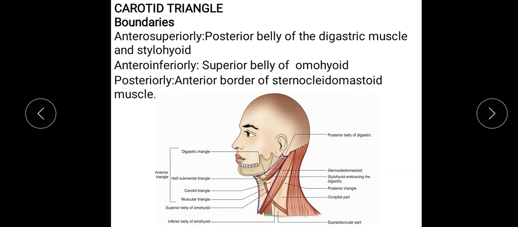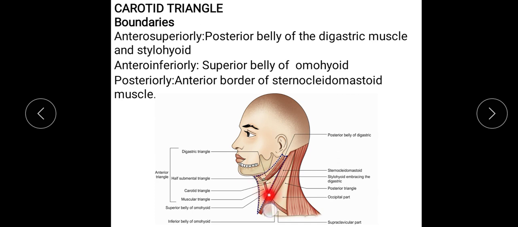Then the carotid triangle, the third subdivision of the anterior triangle. This one is the carotid triangle. The antero-superior boundary is formed by the posterior belly of the digastric muscle and the stylohyoid muscle, and the antero-inferior boundary is formed by the superior belly of the omohyoid muscle.